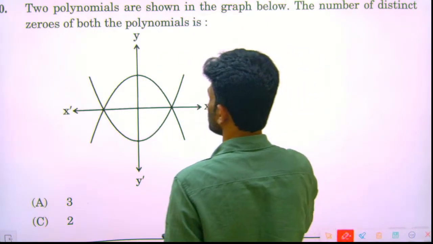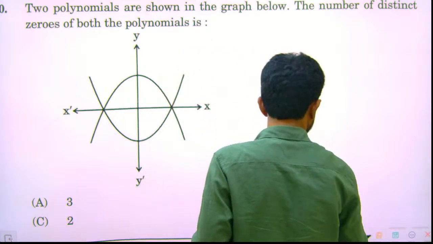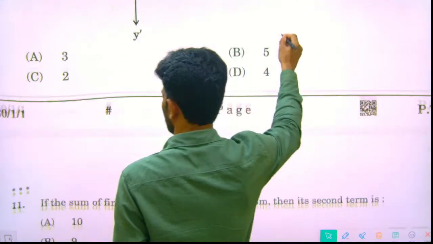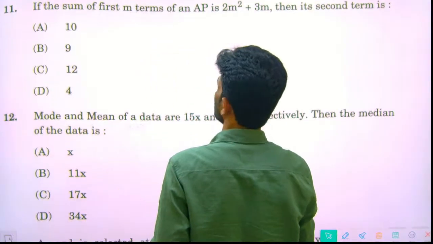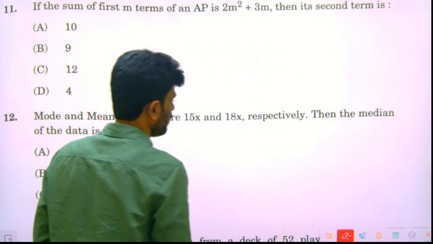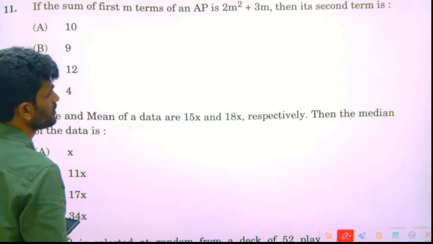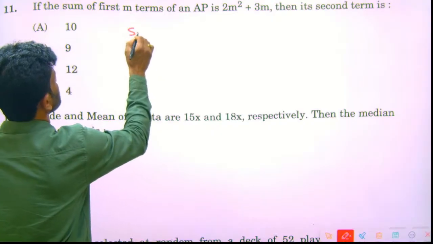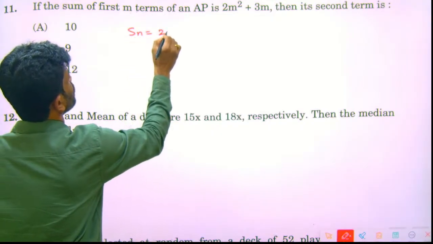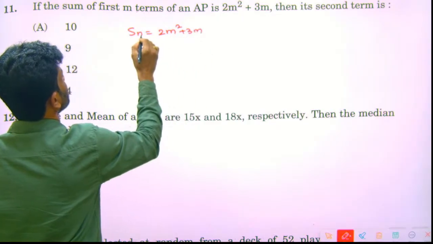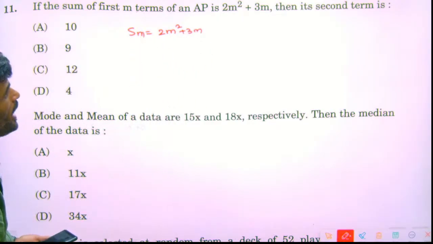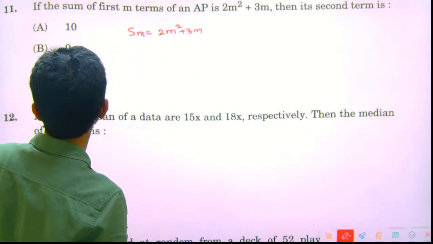Right. Now question number 11. Here the sum of n terms is given. Sum of n terms formula: Sn is equal to 2n square plus 3n. Sn is given, and they are asking to find the second term.